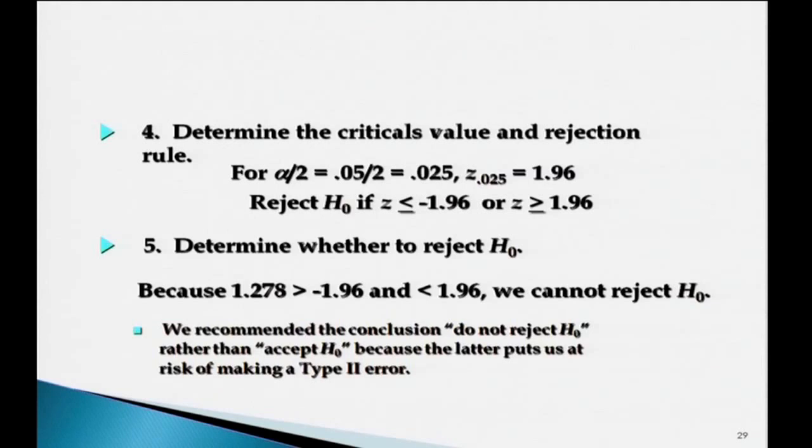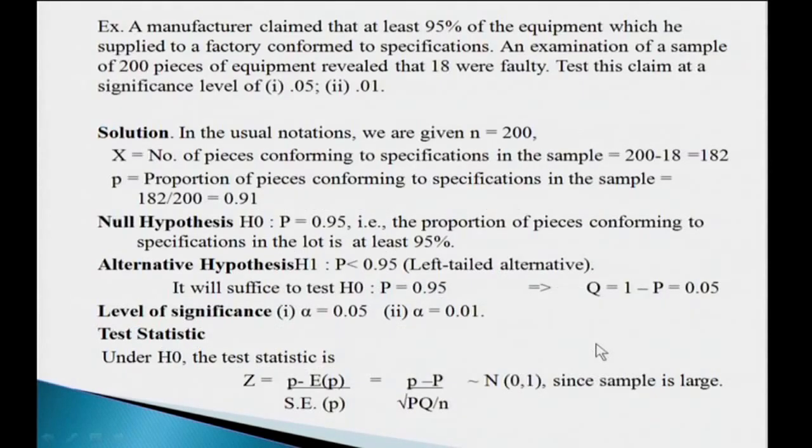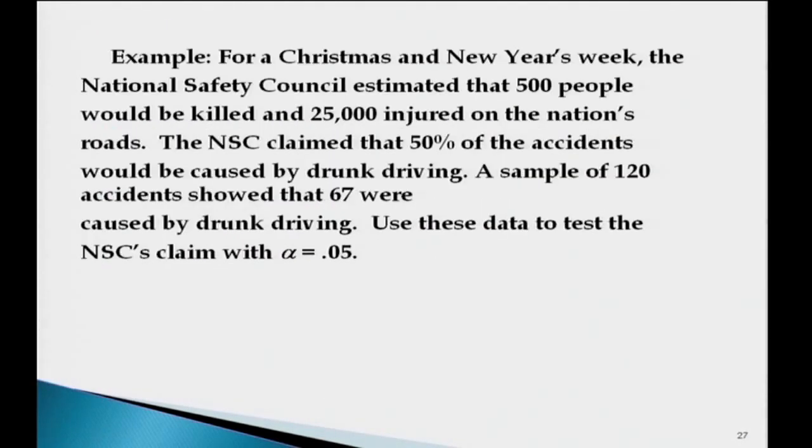Type 2 error, if you remember, was accepting a null hypothesis if it is false. So, hence writing we do not reject H naught whenever Z cal is less than Z tab is a better way of writing. Okay. So, here we can say yes, we are not rejecting. We are not rejecting H naught means it is approximately 50%, you can say.